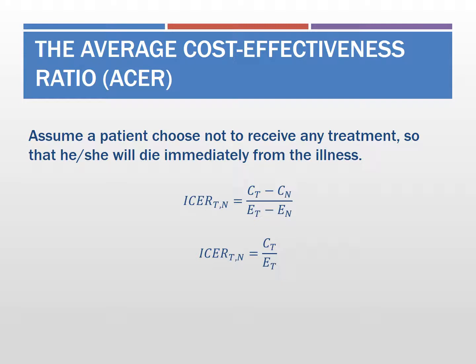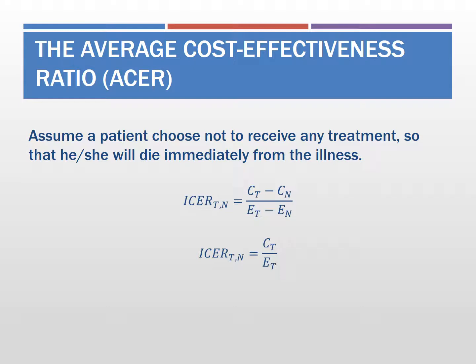So in this formula, CT is the cost of the treatments, and CN is the cost of not taking the treatments, which is usually 0. And ET is the benefits of taking the treatments minus the benefits of not taking the treatments.